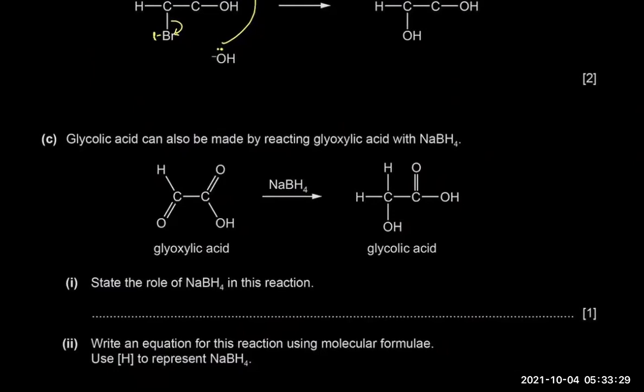Okay. Glycolic acid can be made by reacting glyoxylic acid with NaBH4. This is glyoxylic acid, an aldehyde and an alpha acid, and it's converted to a primary alcohol and acid. So what is NaBH4 doing here? Reducing agent.